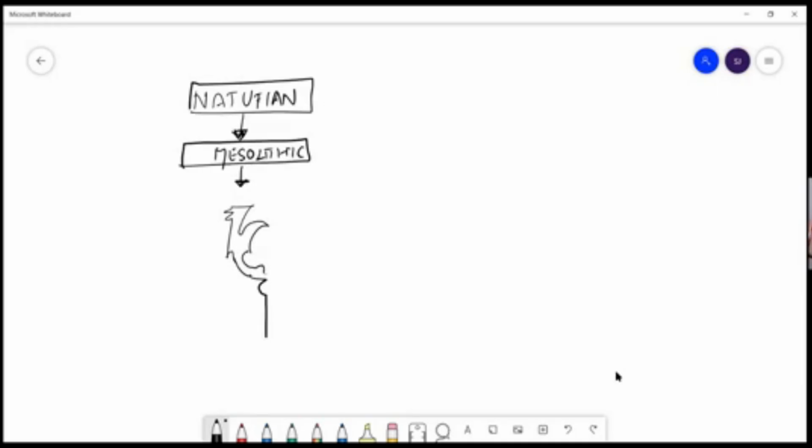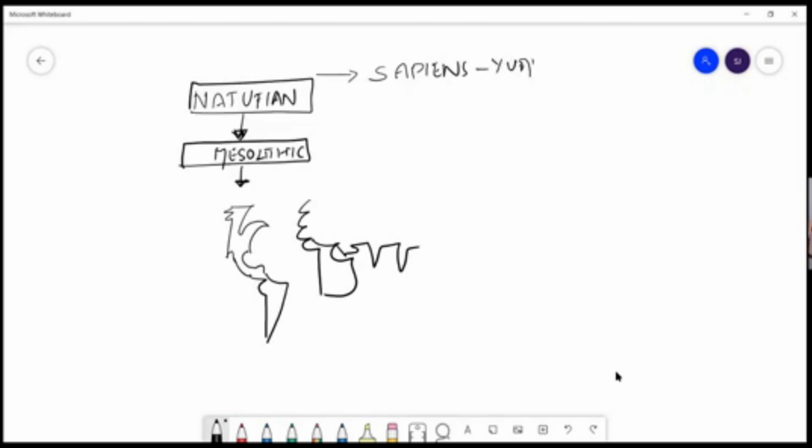So if you closely watch, this area which is called the Natufian culture happens to be in reference in every book. For example, everyone would have known a book called Sapiens by Yuval Noah Harari, or Guns, Germs and Steel. It's a very nice book.